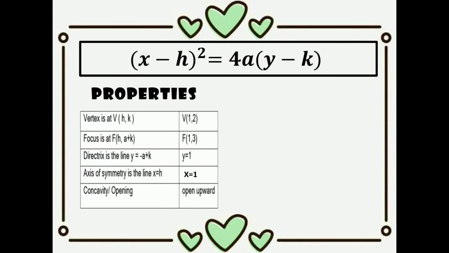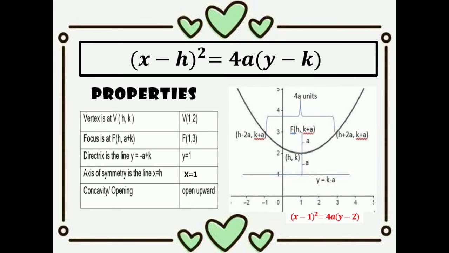The third equation is the quantity (x minus h) raised to the power of 2 equals 4a times (y minus k). An example for this equation is (x minus 1) squared equals 4a times (y minus 2), and this is its graph. The properties are the following. The vertex is (1, 2).